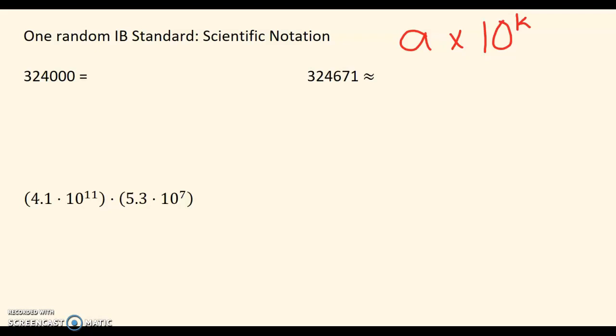So let's say I wanted to take 324,000 and put it into this scientific notation. So that would be 3.24 times 10 to the 5th.